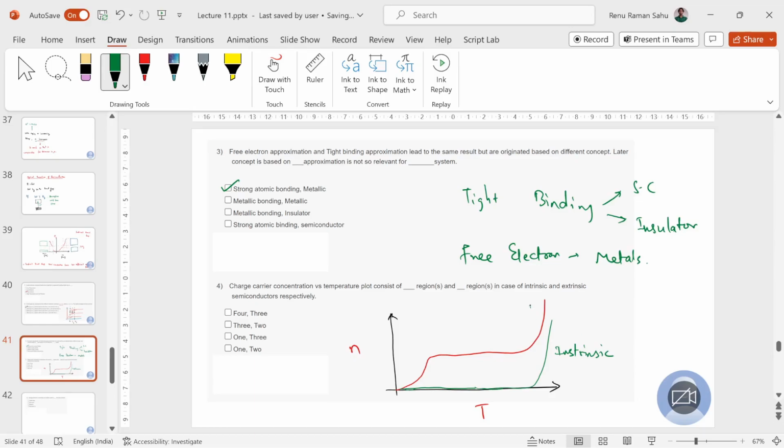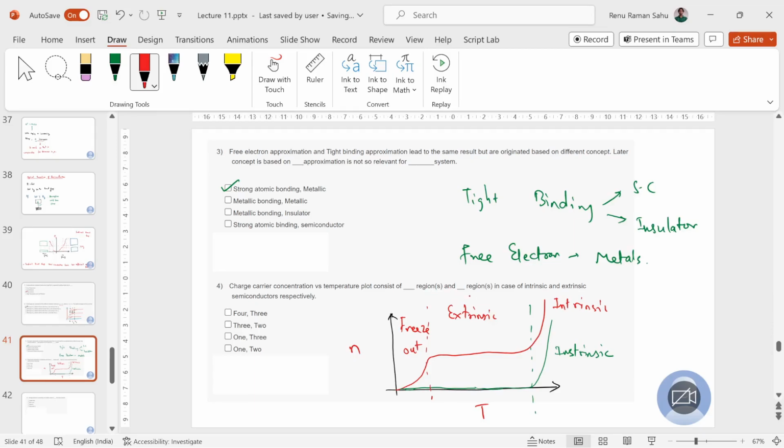This is only one region for the intrinsic case, but for this one we have the freeze out zone, freeze out up to this zone. This is called the extrinsic zone, and this is intrinsic. So it is three zones for the extrinsic semiconductor.